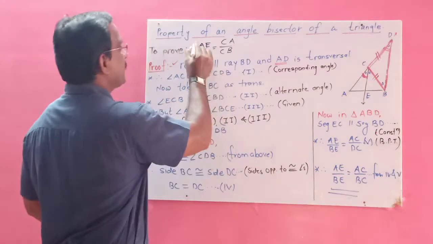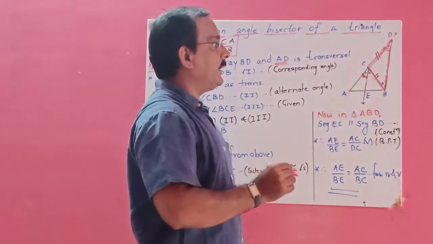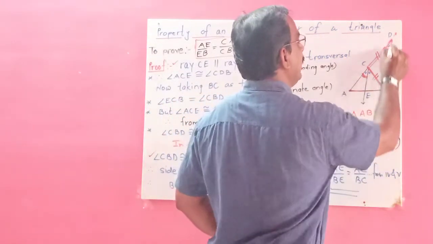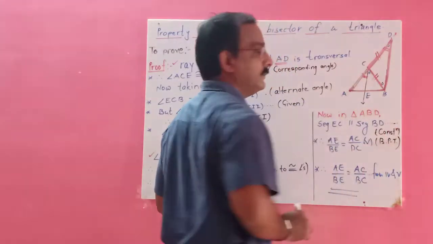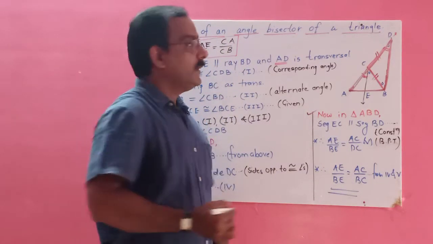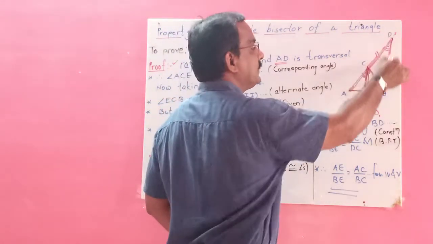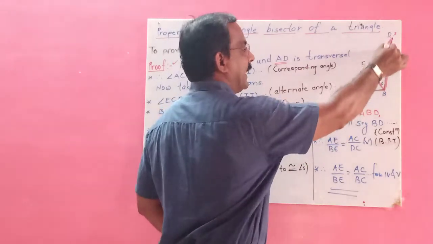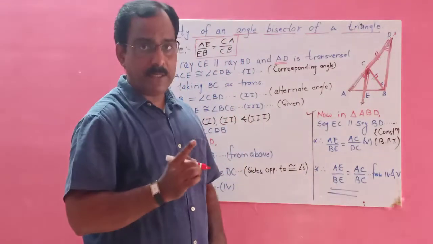Our aim is to prove this. So that is why we will take the big triangle, that is ABD. In triangle ABD, this line CE is parallel to this side. So you have done BPT.